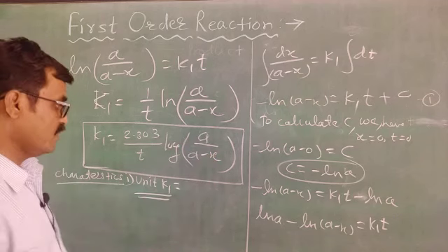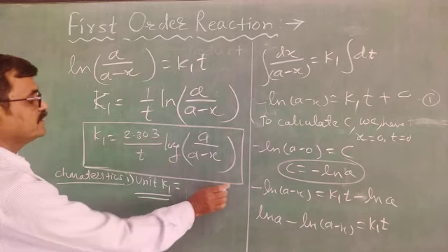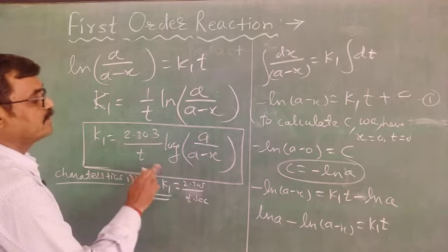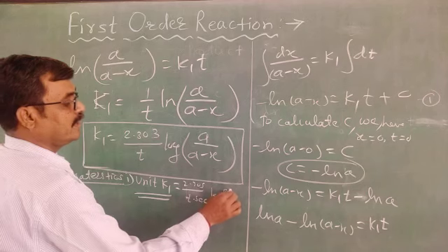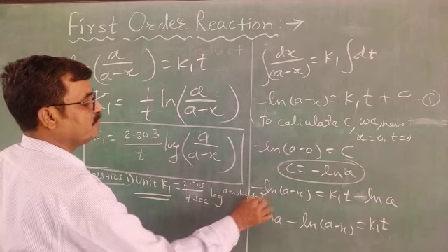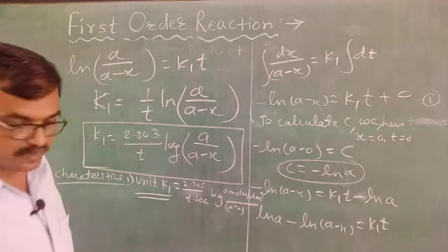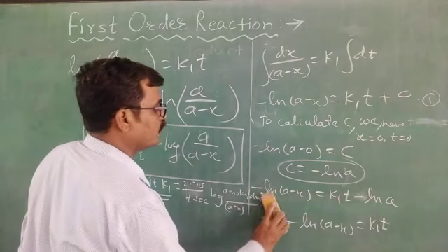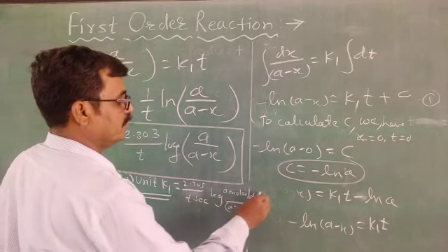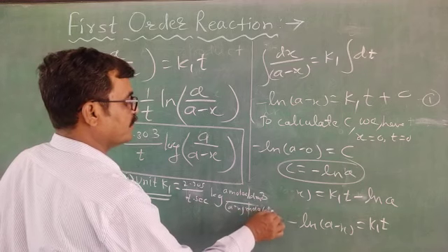Both are cancelled. That's why k1 is equal to 2.303 into t seconds, log a moles per dm cube upon a minus x moles per dm cube.